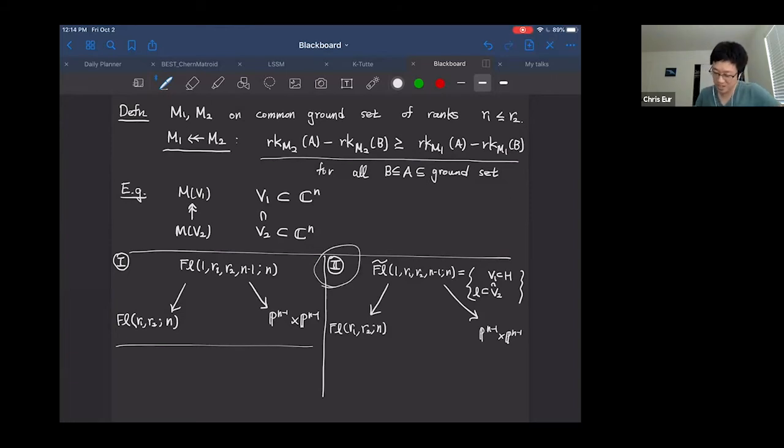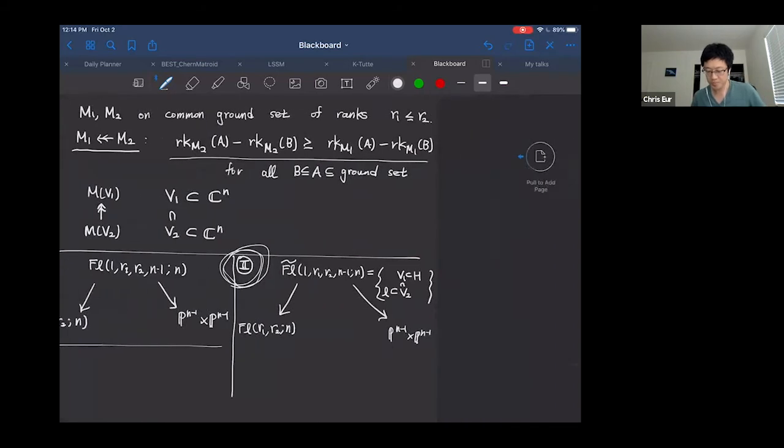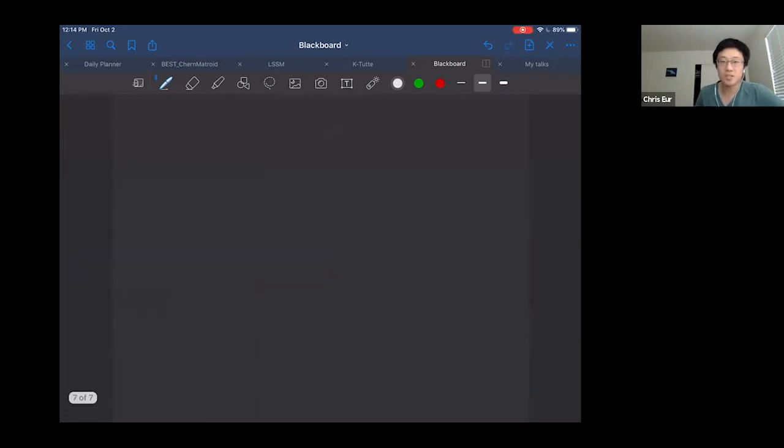So let's begin with this funny looking geometry first. Any other questions at this point? Okay. So why do we have to look at that funny looking geometry?